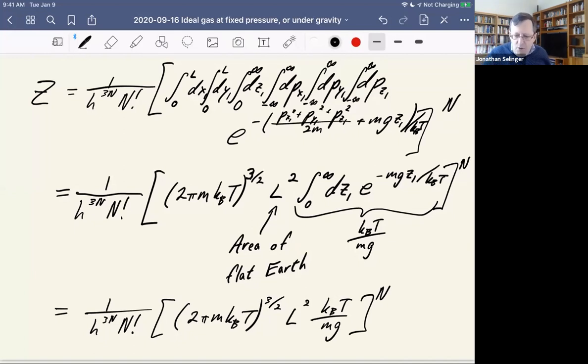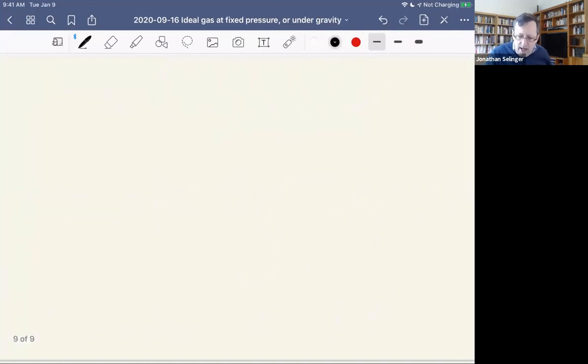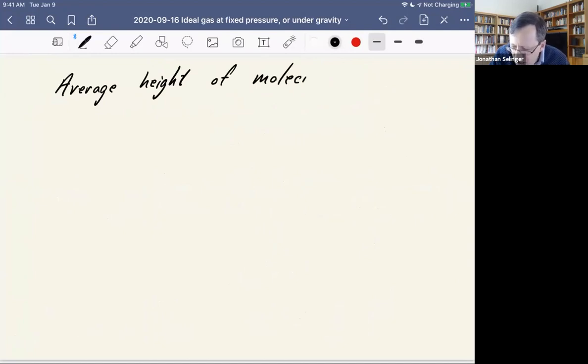So what would we want to calculate? Well, a nice example of something to calculate would be the average height of a molecule. In particular, what's the average height of molecule number 1?